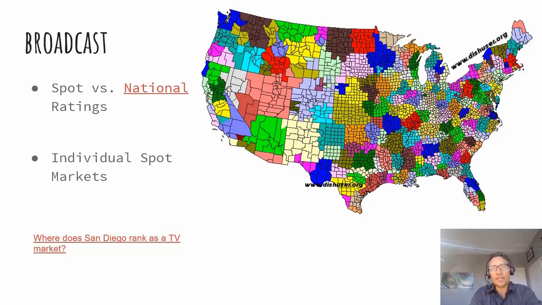So going back to this map that you see here with all of these little colorful squares on it, this represents all the TV markets in the United States. Each new colored square or area represents a TV market. There are over 210 distinct TV markets in the United States. And you can see on the East Coast, they're a lot smaller.